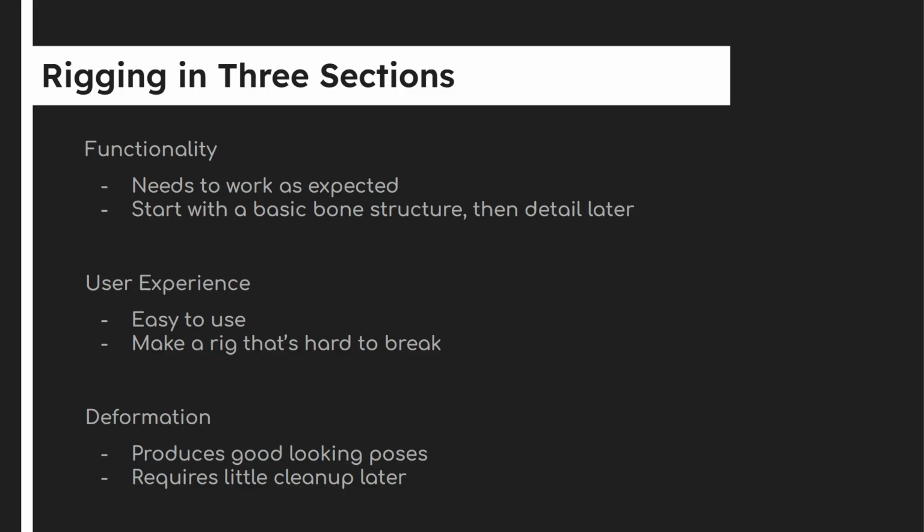Second, the user experience needs to be considered. It needs to be easy to use and hard to break. You don't want headaches for the user, the animator using your rig. And third, deformations: it needs to look good, produce good looking poses, and require little cleanup later. So functionality, user experience, deformations.